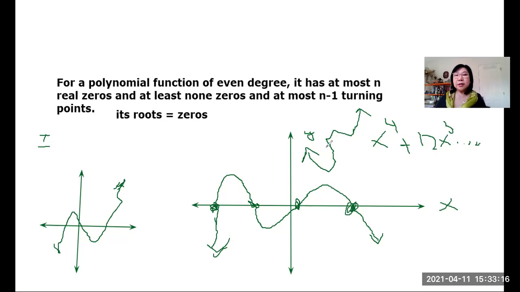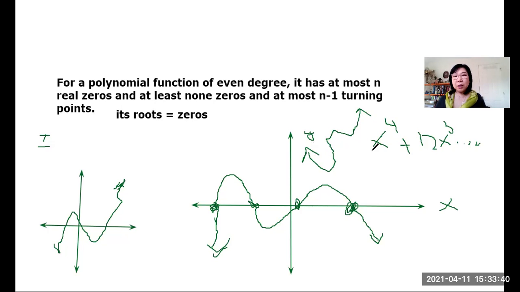So this looks like a polynomial function, no gaps, no holes, no breaks, and it doesn't have roots. In this case, you cannot count the zeros, so you can only inspect by looking at the direction of this function.